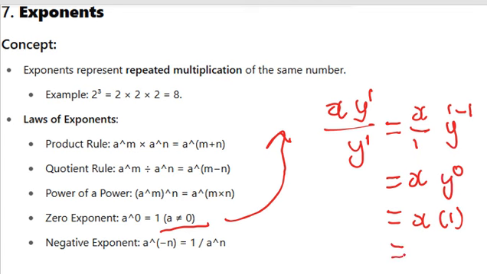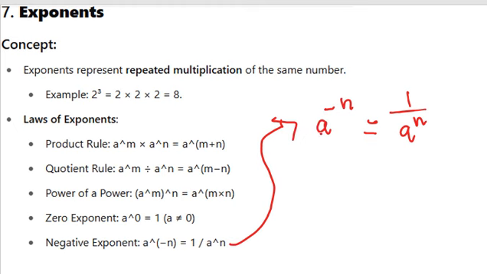This is another rule, called the negative exponent. I think we just discussed it. It says that a to the minus n is the same as 1 over a to the n. Whenever you have a negative exponent, it's the same as having 1 over the same thing with a positive exponent. So 2 to the exponent negative 1 is the same thing as 1 over 2 to the exponent 1.